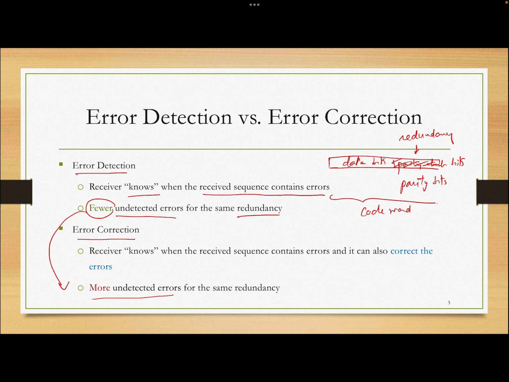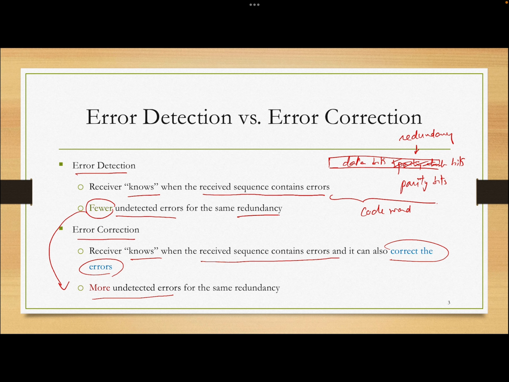This is because error correction has to do more than error detection. Error correction has to know that the received sequence contains errors, and it has to be able to correct the errors also. So you have two jobs to do: detect the errors and correct the errors.